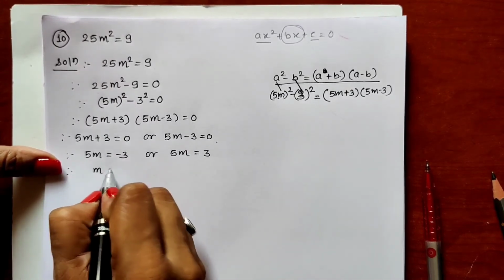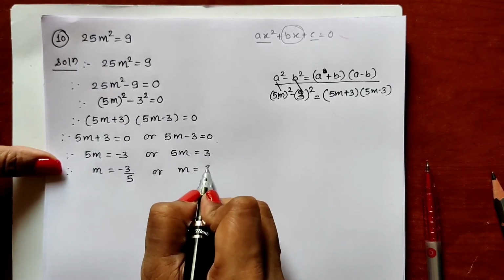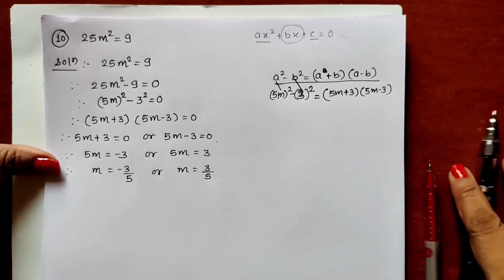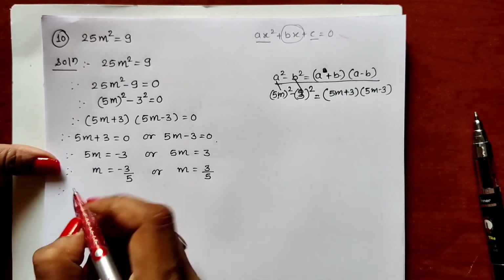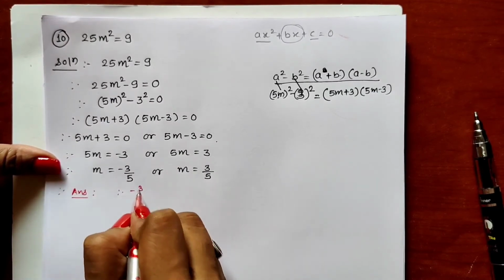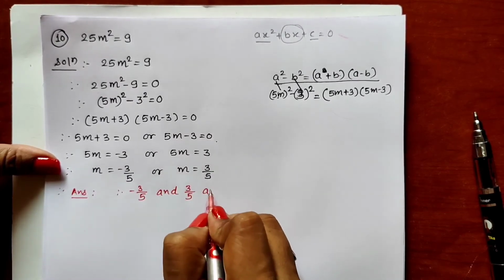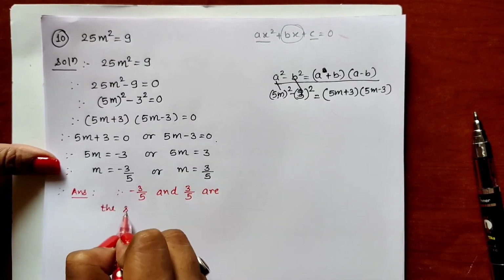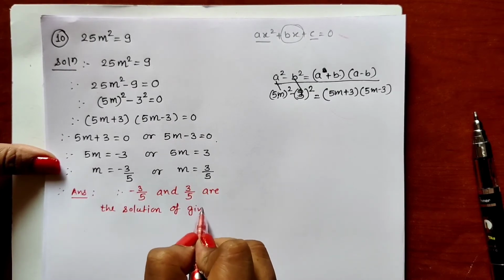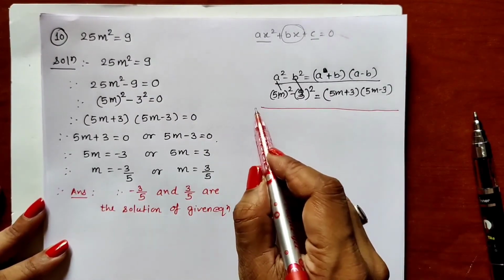Therefore m is equal to minus 3, this 5 transferred, upon 5, or m is equal to plus 3 upon 5, correct? So two values of m we are getting. So the answer we can write: minus 3 upon 5 and 3 upon 5 are the solutions of the given equation.